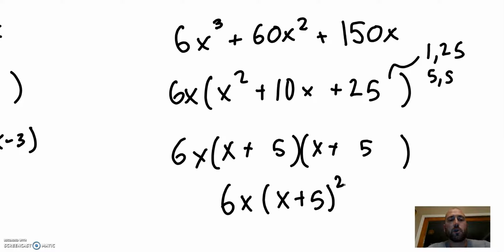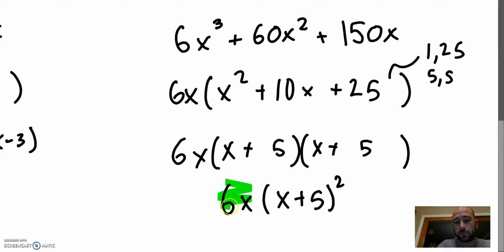A few important things I want you to make sure of. The common mistake: when you first have that GCF, it needs to stay with the final factors the whole time. Just because you factor out a GCF, it's not going anywhere. It's still part of the expression.